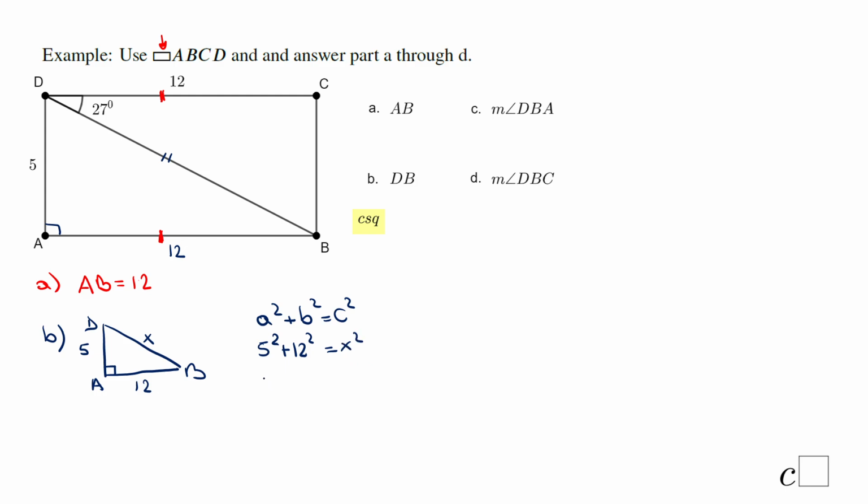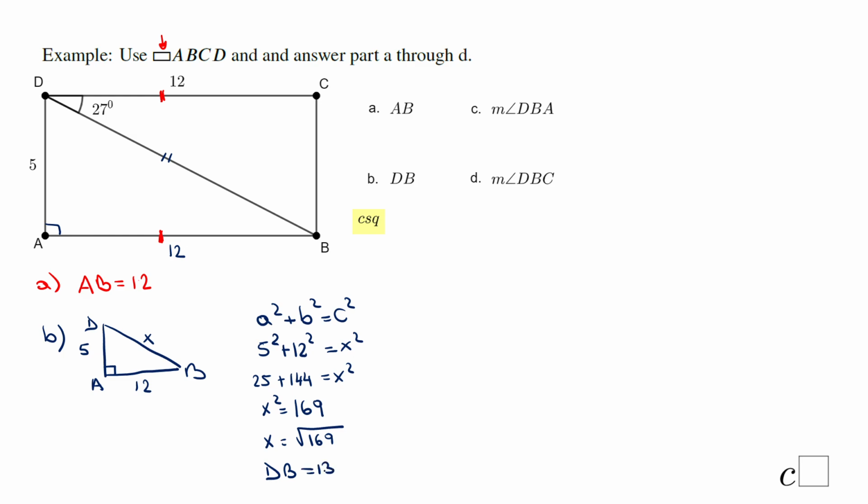So 5 squared is 25, 12 squared is 144, and we have x squared equals 169. We can switch that to equality, and then for finding x, we just take the square root of 169, and that will be 13. Remember that x is nothing else than DB.